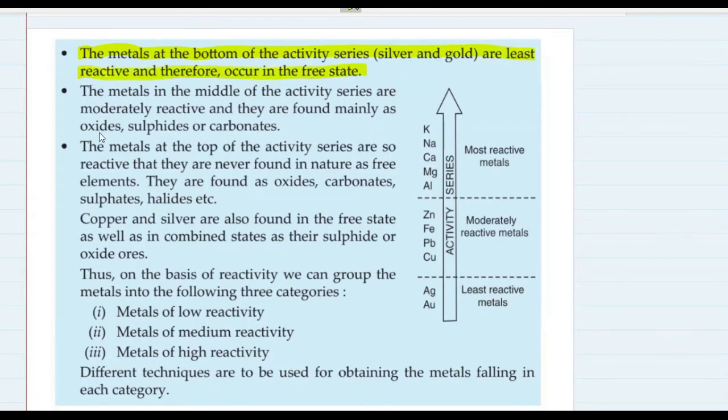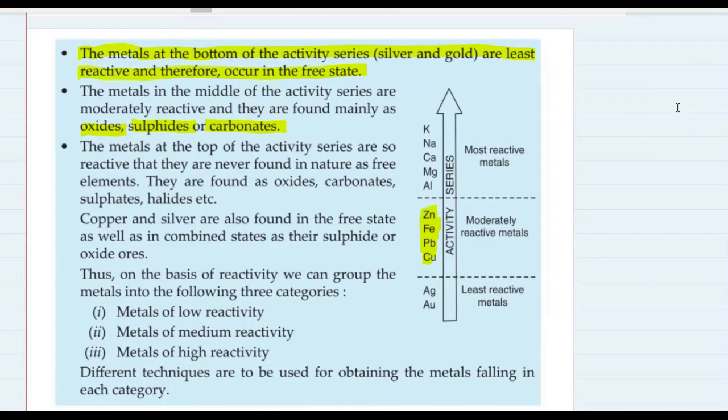The metals in the middle of the activity series are moderately reactive and they are found mainly as oxides, sulfides or carbonates. We are talking about these. So zinc, iron, lead, copper, they all occur as their oxides or sulfides or carbonates because they are moderately reactive.